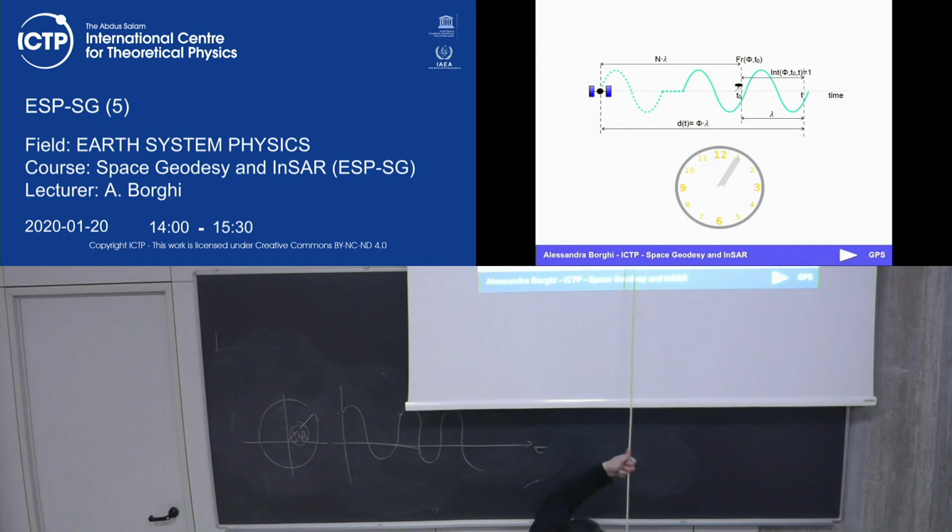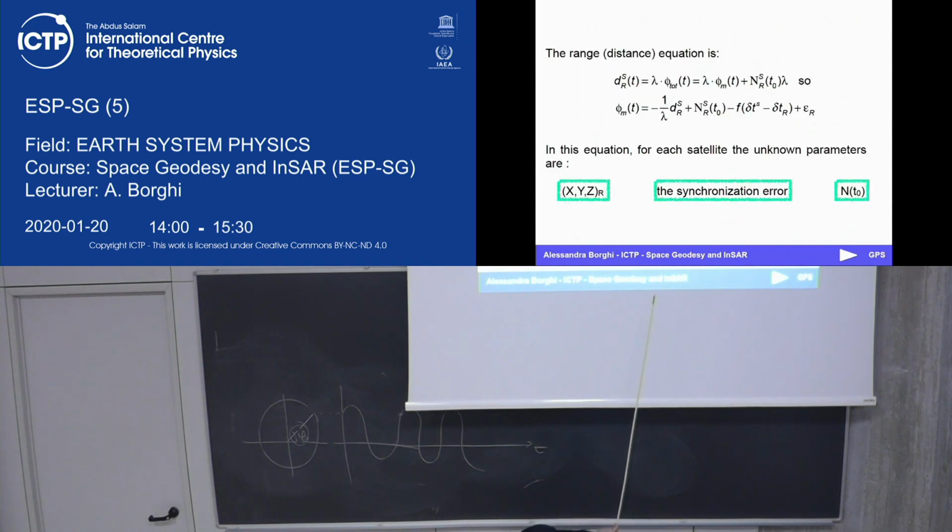Okay, so we can write the distance, the range between satellite and receiver, as given by the wavelength multiplied by the total phase.